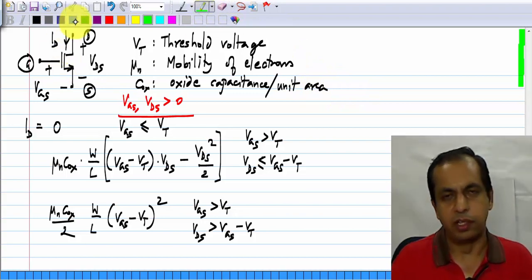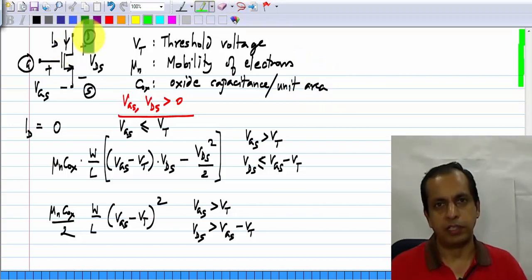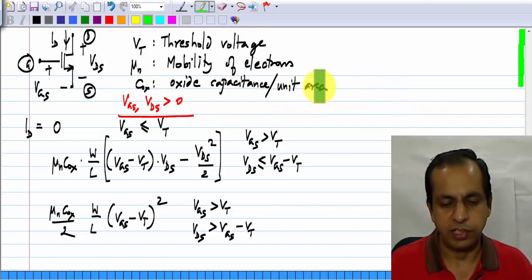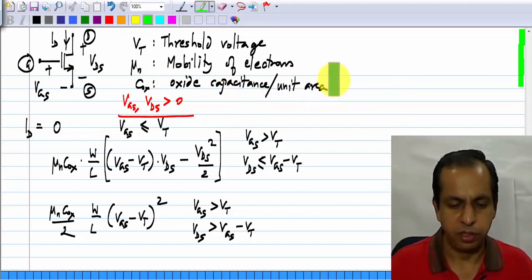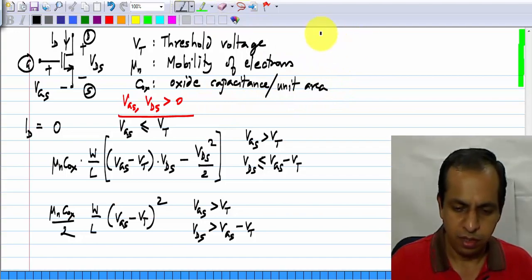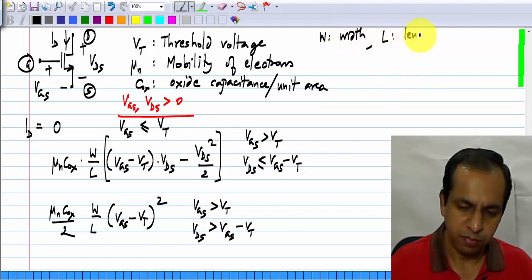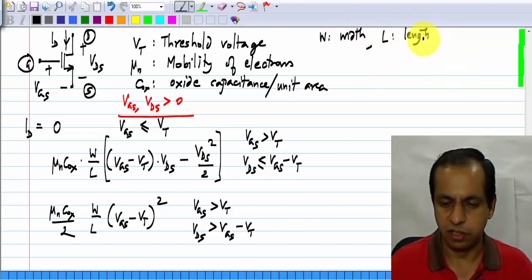It turns out that at the heart of the MOS transistor is a capacitor, and this is the capacitance density of that capacitor, capacitance per unit area, and W is the width of the transistor and L is the length of the transistor.